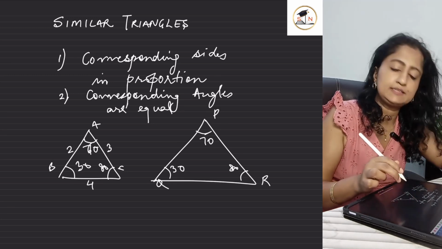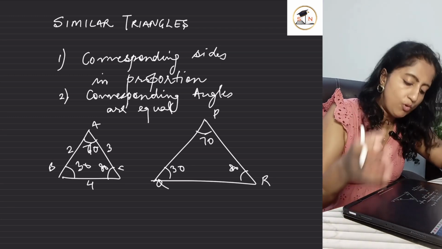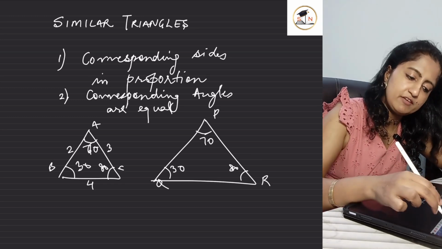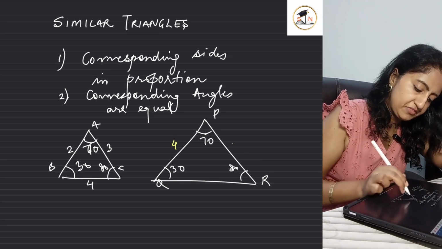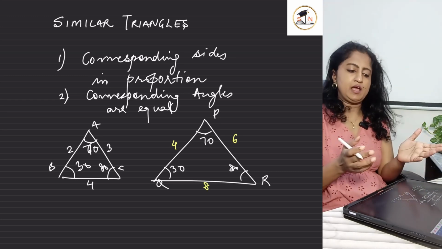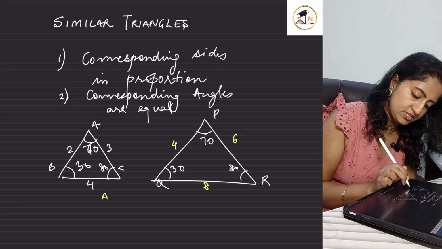So the two triangles, ABC is going to be similar to PQR only when all the sides are in proportion. So if I say this is 4, this is supposed to be 6, this is supposed to be 8. Every side has got doubled. Just check the ratio.